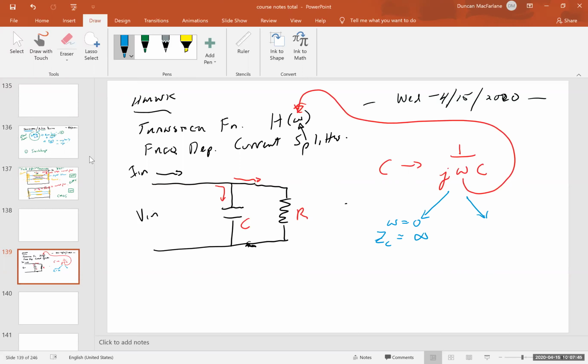And so this circuit gets redrawn and there's no splitting of the current at DC, and all the current goes through the resistor. Let me label I out here. And you can see that if I do that, I in is equal to I out for the special case of omega equals 0.